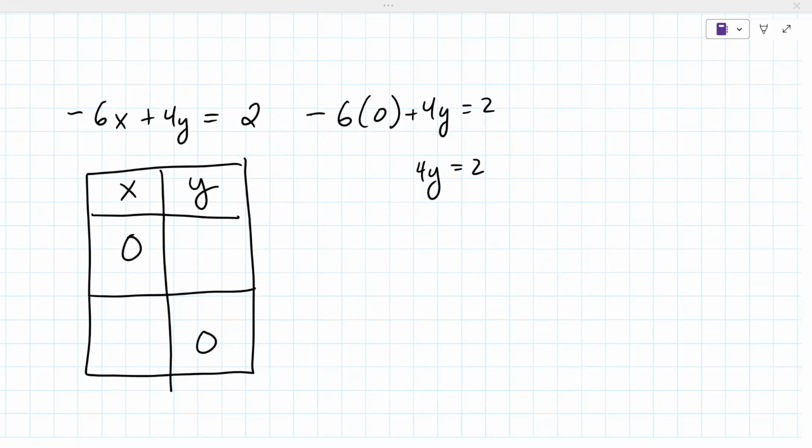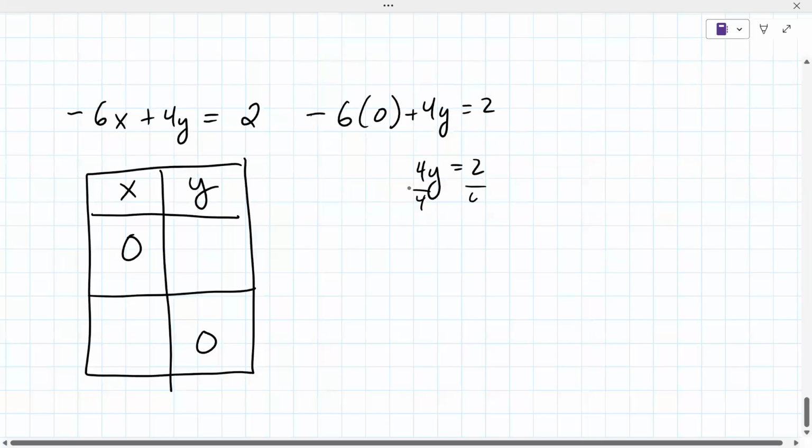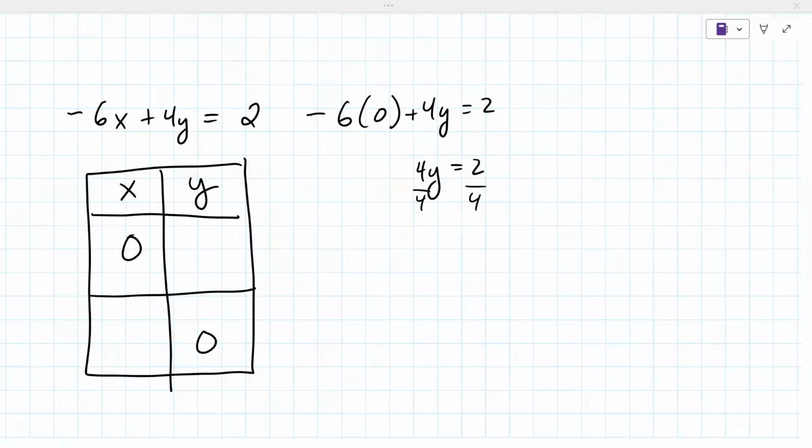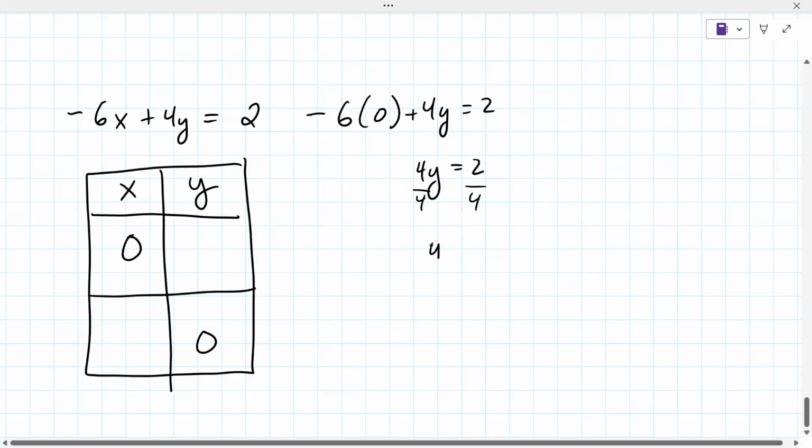Oh, you divide. Yes. So you're dividing both sides by 4. The answer is a fraction. You might have to reduce. Go ahead and do that for me, please. What does y become?